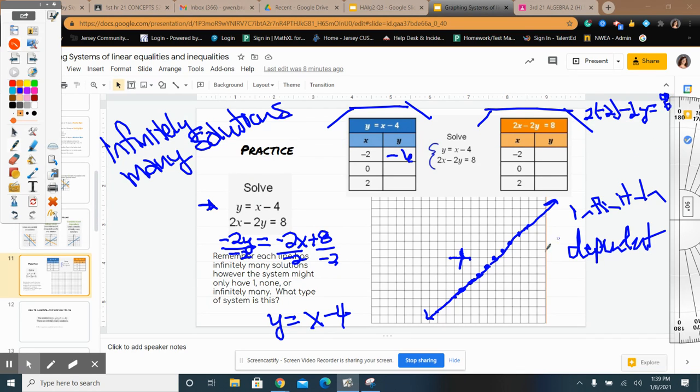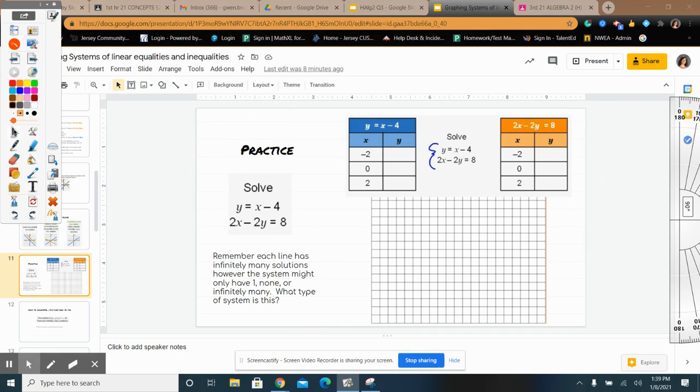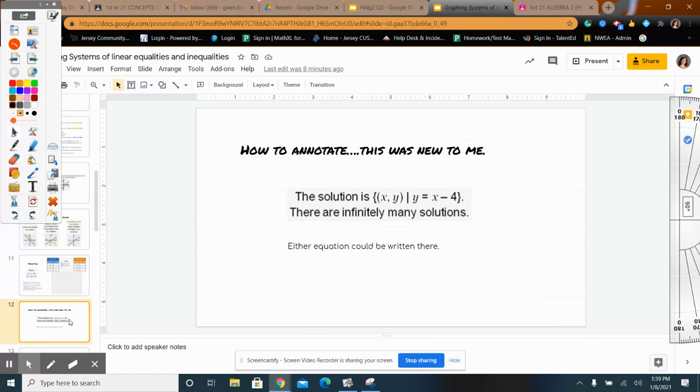That would be negative 4 minus 2y is 8. Add 4, negative 2y is 12, and y is negative 6 as well. So there's one point in common. Plug in 0, you get negative 4. Plug in 0 here for x, and you get negative 2y is 8, which is also negative 4. You can't have more than one solution without it being infinitely many. So maybe a table is a way to help you find that if you want, but I prefer the graphing.